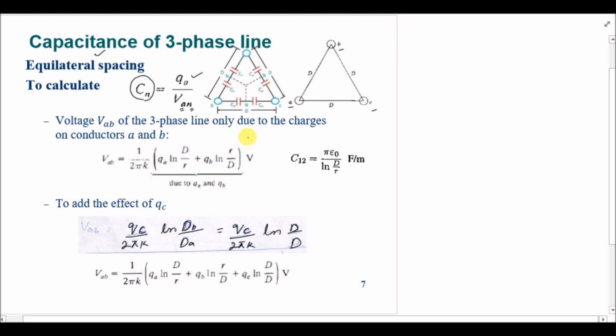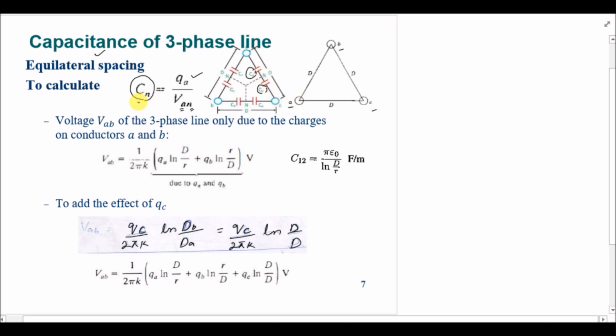We are assuming that there is a point in between the two conductors which is actually the neutral point. So we have the capacitance divided into two parts, and each capacitance, for example this Cn, is actually the line to neutral capacitance. This Cn is the capacitance between this conductor and this neutral point.